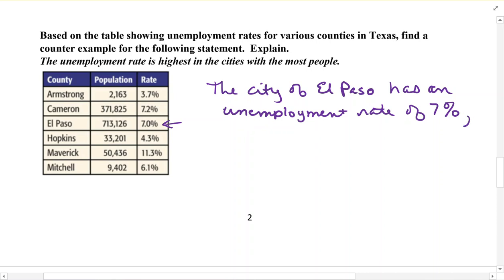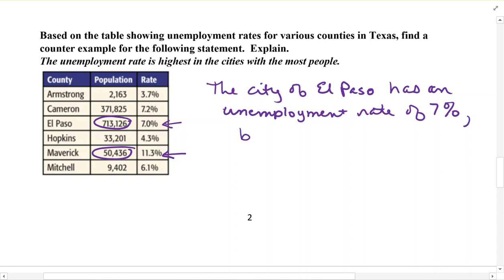But what town has a higher unemployment rate? It's the town of Maverick. And look at the difference in their population. El Paso has the most people, more people than Maverick, but yet has a lower unemployment rate.